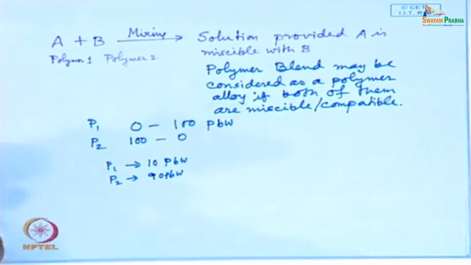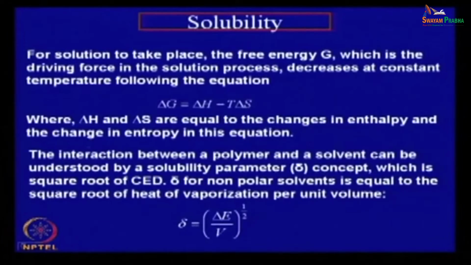So, this is the concept, how to know that one polymer will be miscible with another polymer, or one polymer can be dissolved in a solvent, or one solvent can be a good solvent for one polymer and vice versa. So, that depends on the interaction between a polymer and a solvent, and that can be understood by the solubility parameter delta concept, which is the square root of cohesive energy density, CED.